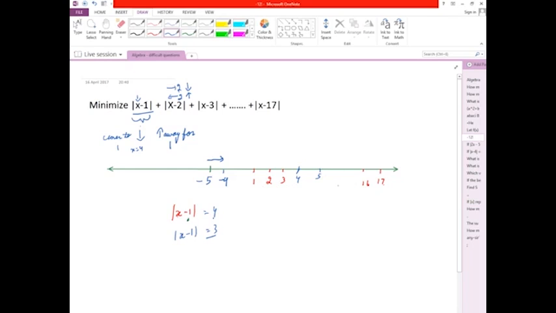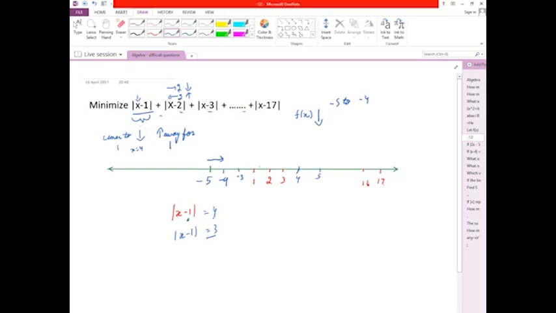From 1 to 17, for all the points, this distance has gone down, which means the value of the function will have decreased. As I move from minus 5 to minus 4, the value decreases because all these expressions go down. If I move from minus 4 to minus 3, again, distance has decreased to all these points. All these expressions are decreasing in value. The function is going lower.